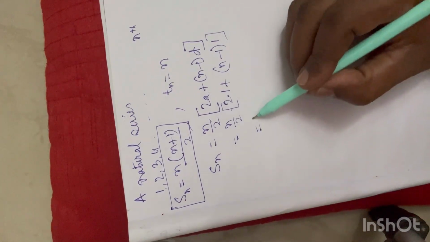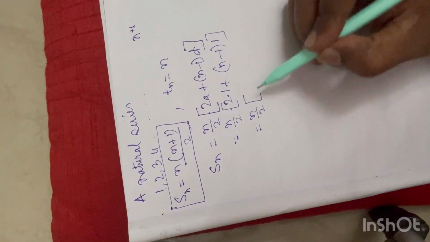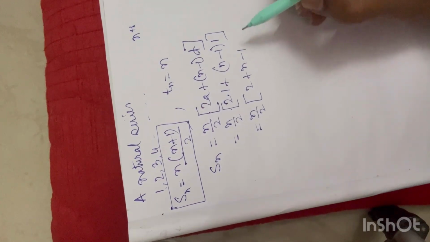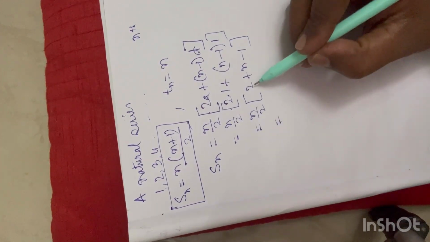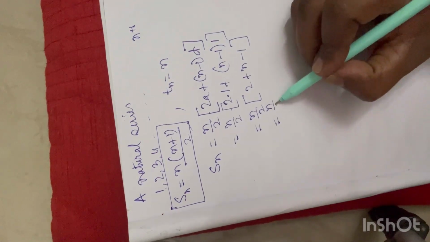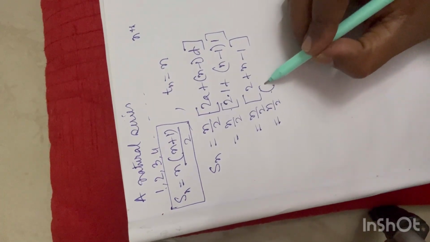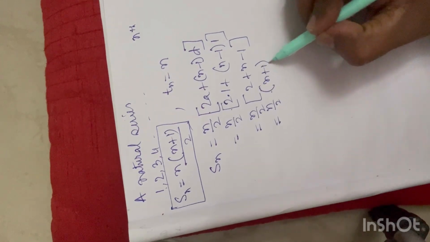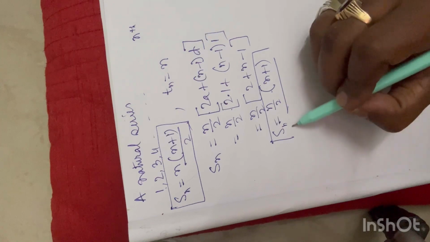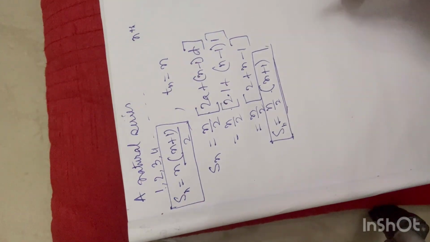Now if we simplify, you will get 2 plus n minus 1, and ultimately 2 minus 1 is 1, and the remaining is n, so n plus 1.